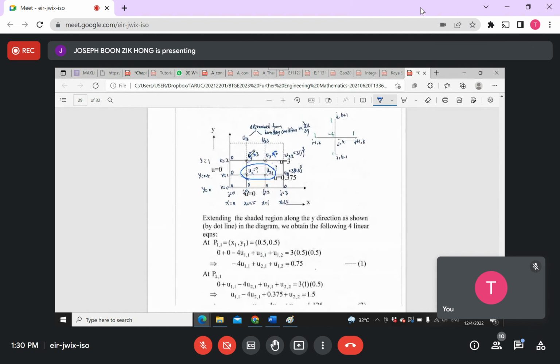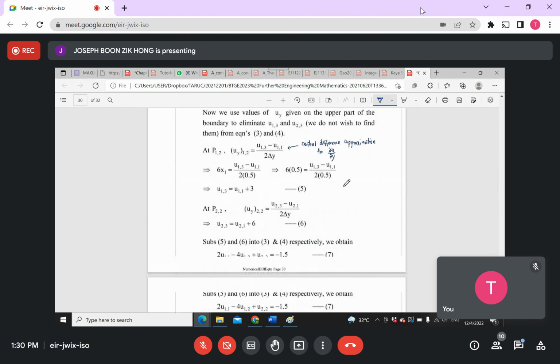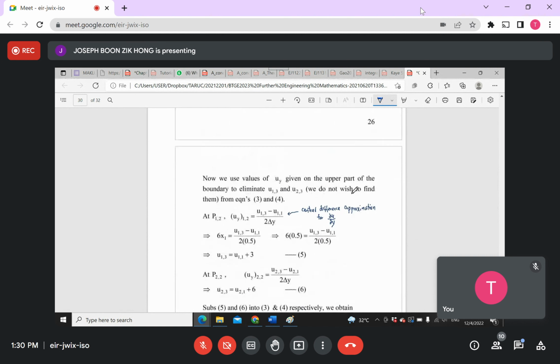Okay, so that means you have to find 4 points. But again, in order to find this point, you will have this 4, but this one you don't know. This one you don't know. Okay, in order to find this one, you have 4, and this one you don't know. Okay, so you are forming 4 equations, and you solve these 4 equations.